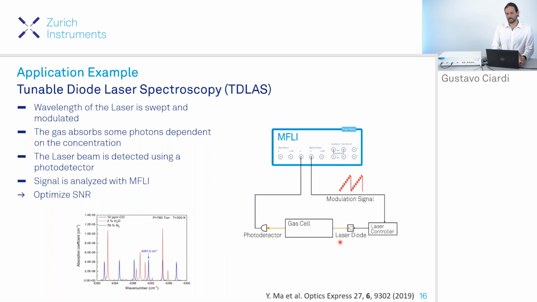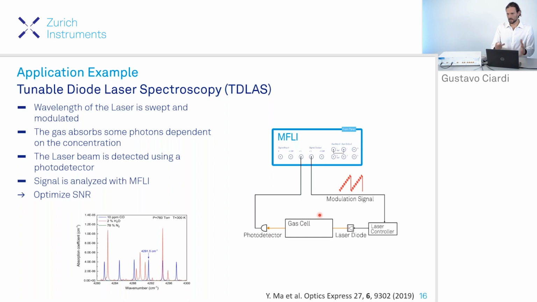Now, many times what one wants to do is to measure ultra low concentrations of the gas, the signal being proportional to the concentration of the species that I want to see. As we go to ultra low concentrations, the signal also becomes extremely small to resolve.